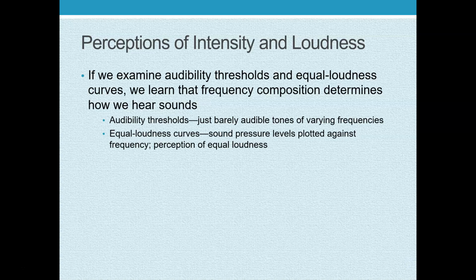An audibility threshold is basically a mapping of just barely audible tones of varying frequencies. And then above that, we can create what are called equal loudness curves. We plot the sound pressure levels in decibels against frequency.